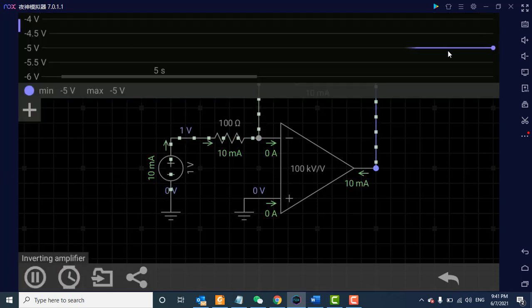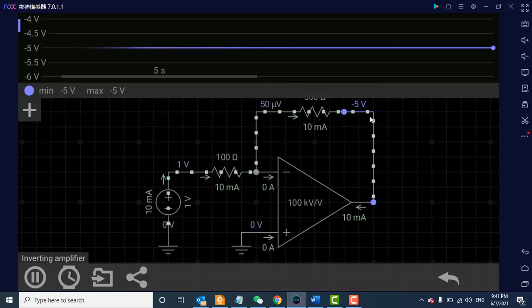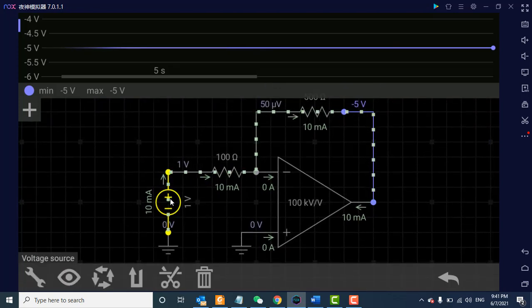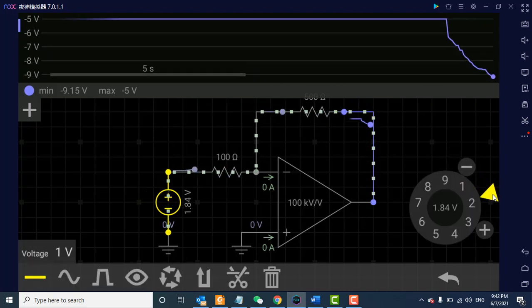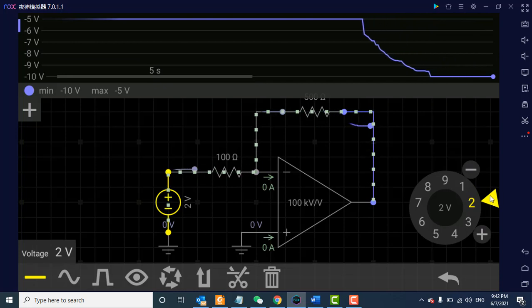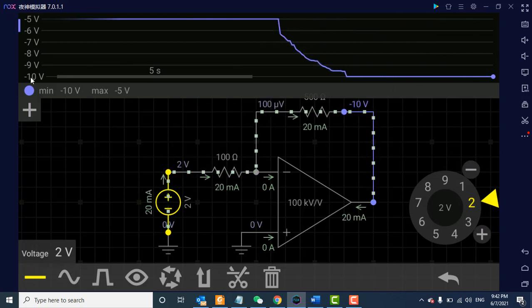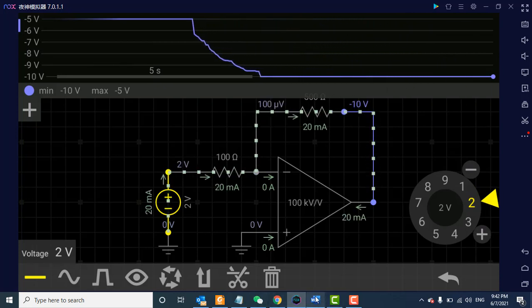You can see the output is minus 5 volt. And if I make it 2 volts, then the output must be minus 10 volt. So let me change the value of this input voltage. You see the output goes to minus 10 volts.